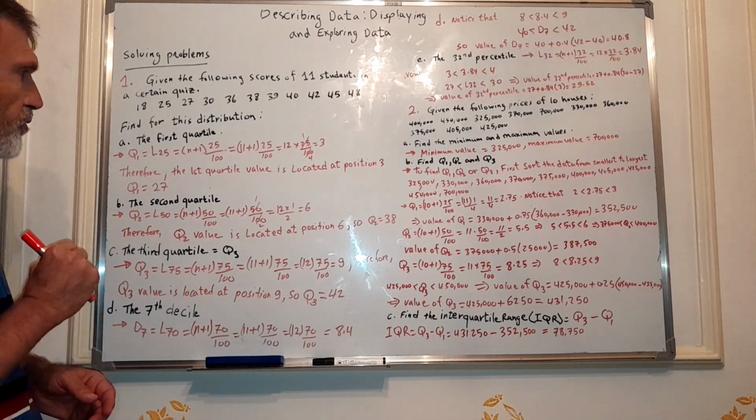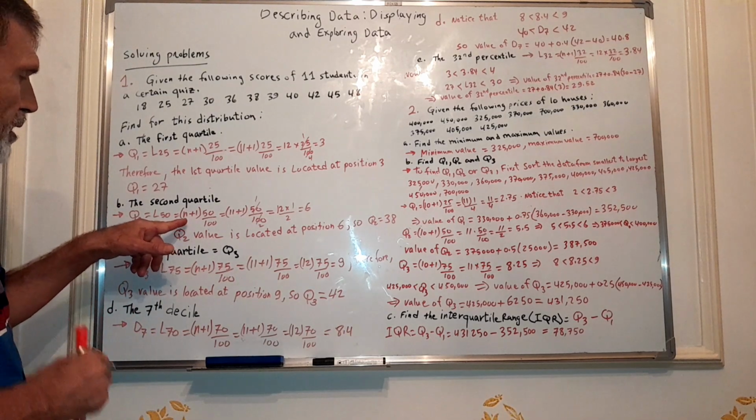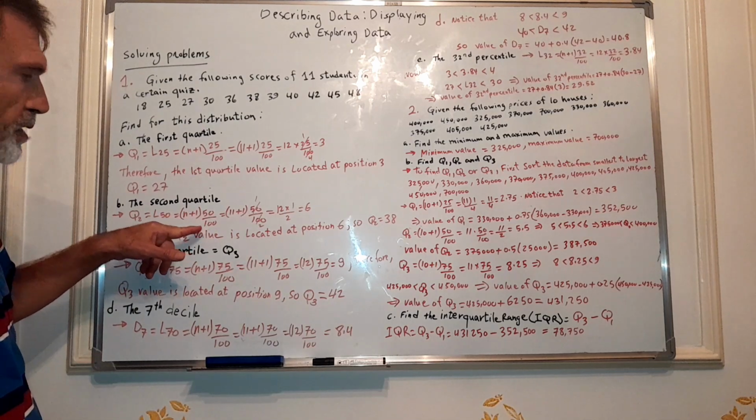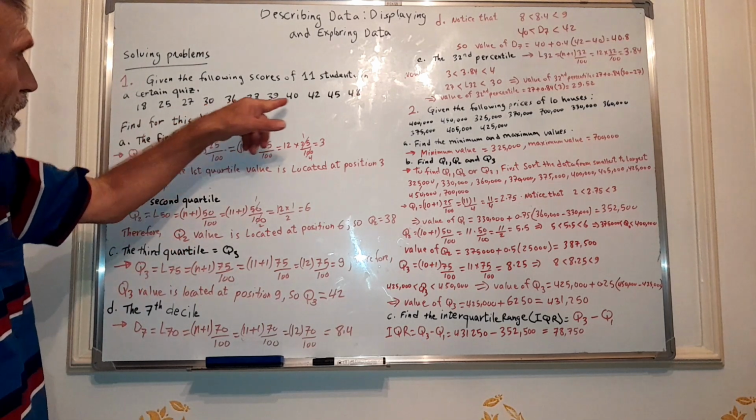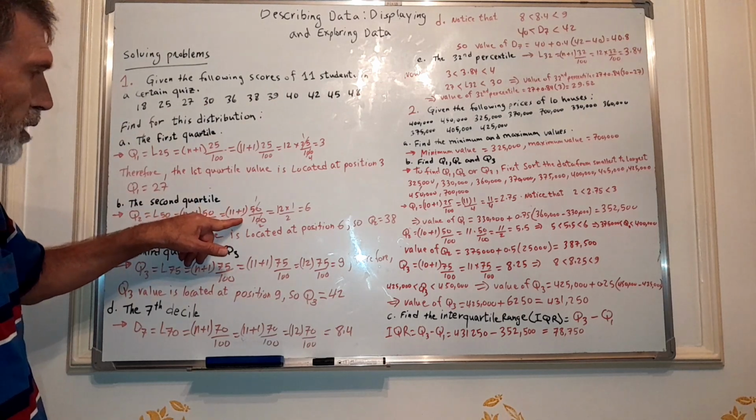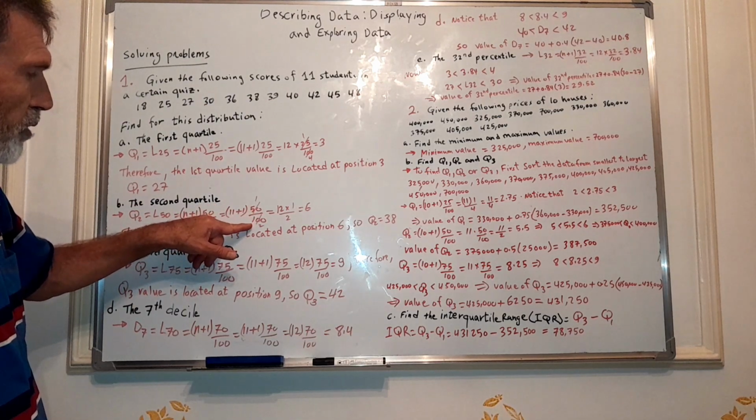This is the formula: (N plus 1) times 50 over 100. N is 11, so 11 plus 1, 50 over 100.